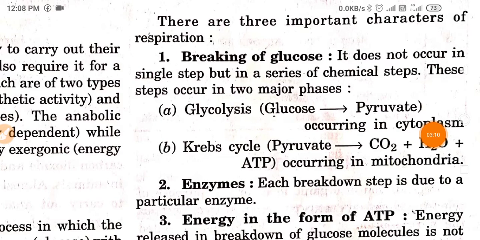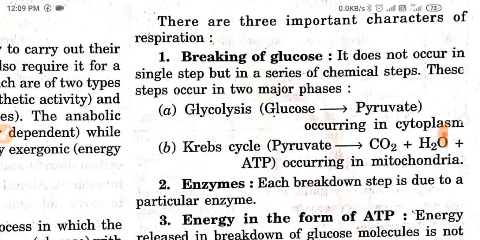So there are three important characters of respiration. First is breaking of glucose. It does not occur in a single step but in a series of chemical steps. These steps occur in two major phases. First is glycolysis, the conversion of glucose into pyruvate, which occurs in the cytoplasm. Whenever the term lysis comes, it means breakdown.